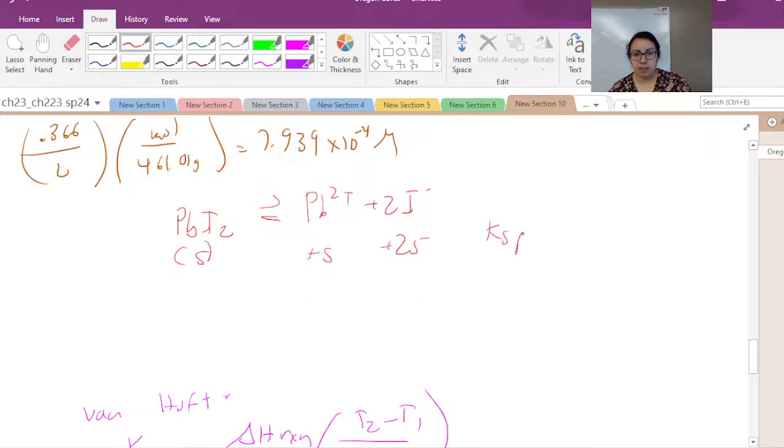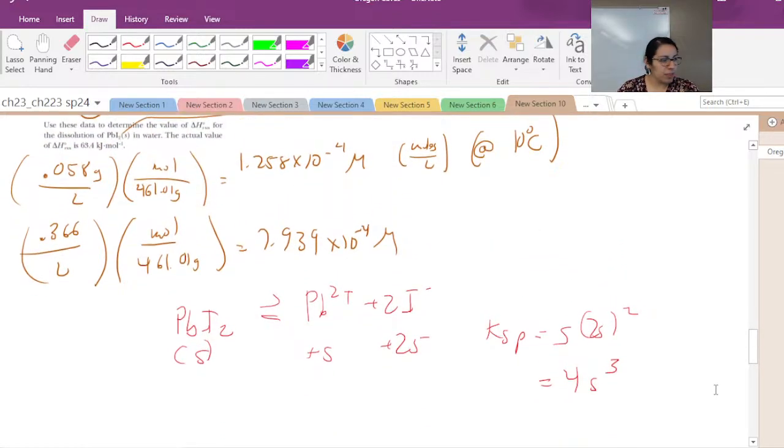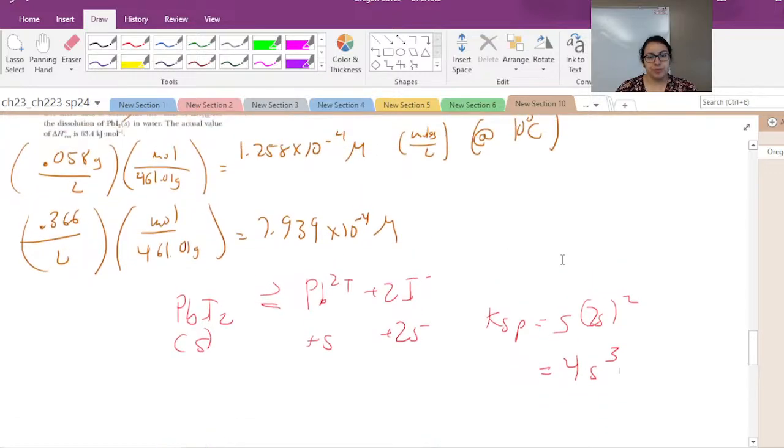Plug that into our KSP, and we get 2S squared times S, so that's how we get that 4S cubed. So does that look familiar to people with our formula? And so that just means that we need to plug this value in to here.